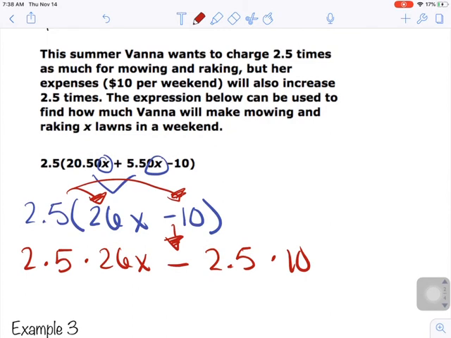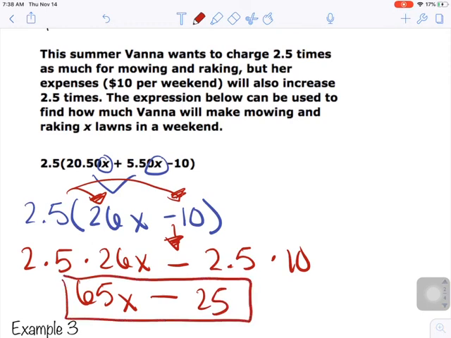So first 2.5 times 26, we have 65x minus 2.5 times 10, which is 25. And this is going to be my simplified expression. I can't do anything else. I can't subtract these two numbers because, again, they're not like terms.